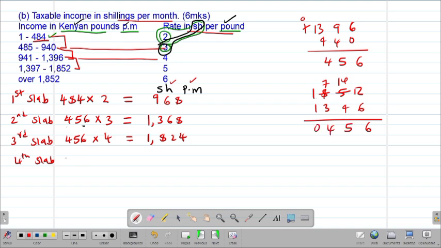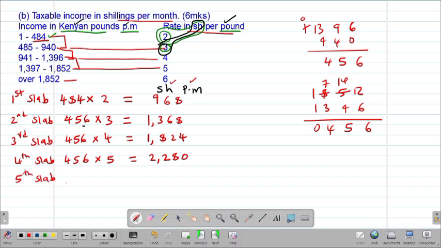So we'll still have 456. Then 456 should be multiplied with a tax rate of 5. So you take 456 multiplied by 5, your calculator will give you 2,280 shillings. Then you move to the last tax bracket, which is our fifth slab.